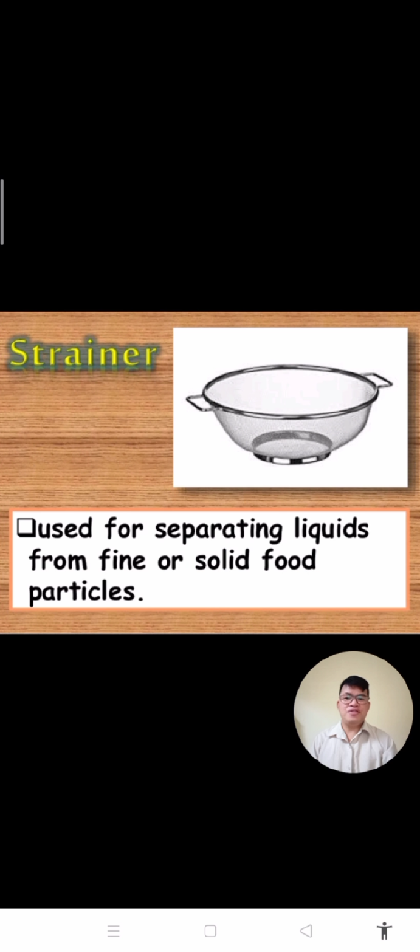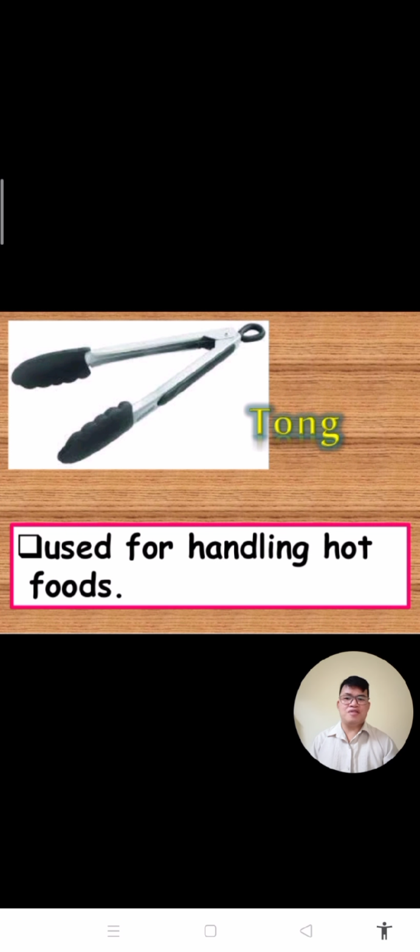We also have your strainer, used for separating liquids from fine solid food particles. Like the sifter earlier, the strainer has the same function. Tong or food tong is used for handling hot foods.